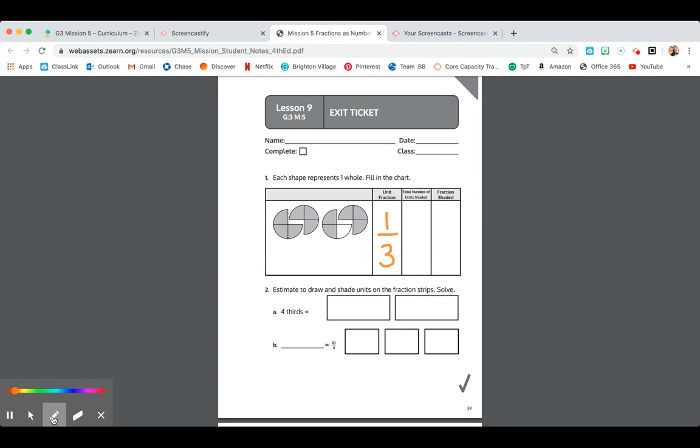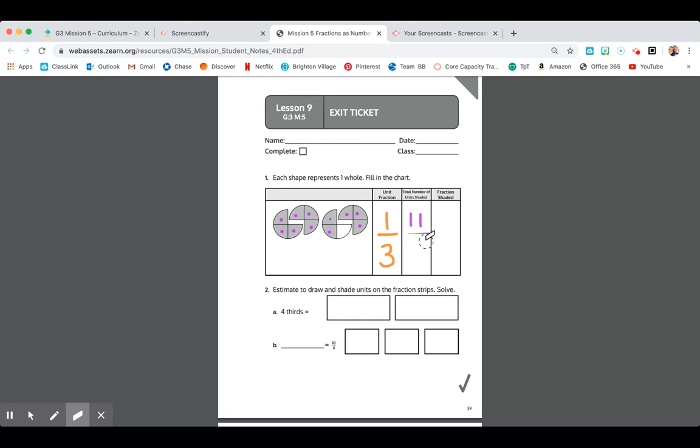How many thirds are shaded? 1, 2, 3, 4, 5, 6, 7, 8, 9, 10, 11. 11 units are shaded.